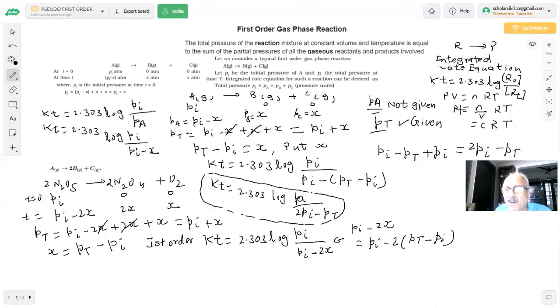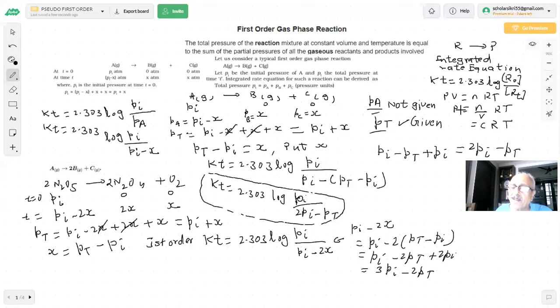This will become Pi minus 2Pt plus 2Pi, and Pi plus 2Pi becomes equal to 3Pi minus 2Pt. I hope I have done the right maths. If there could be a mistake, then you will rectify, because you are better than me in maths, and I could make some mistake. The question is to understand what I am talking with you.